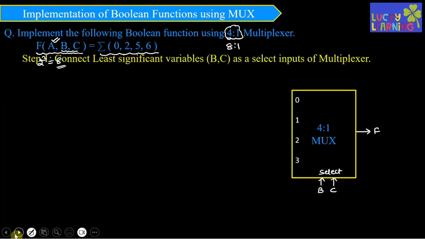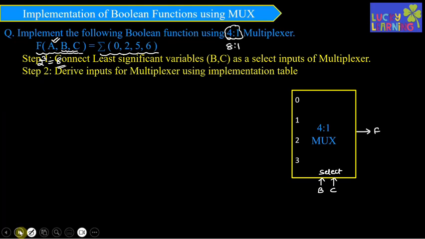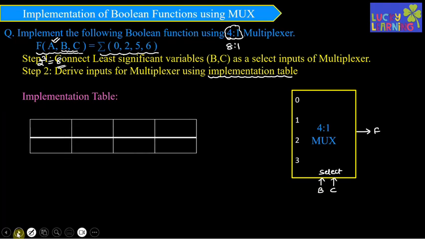Look at the first step: connect the two least significant variables B comma C as select inputs of the multiplexer. We have connected, and derive the inputs for the multiplexer 0, 1, 2, 3 with respect to A using a special type of table called implementation table. Now, this implementation table consists of 8 cells.